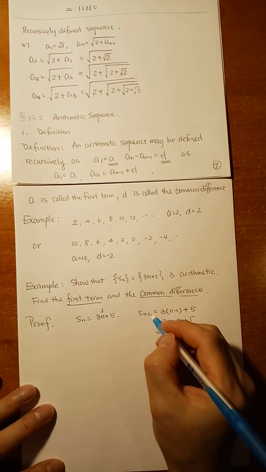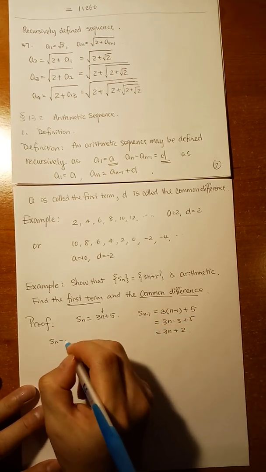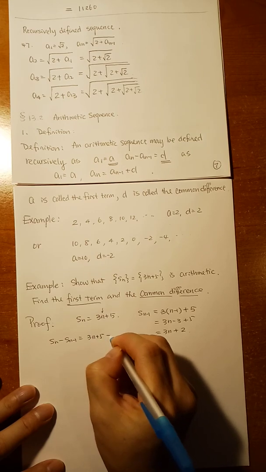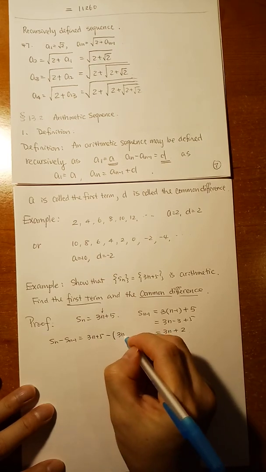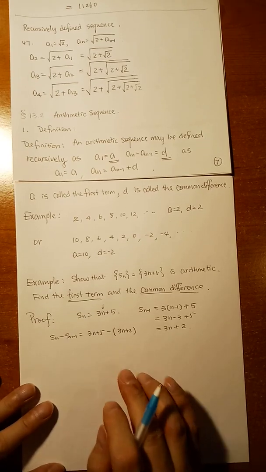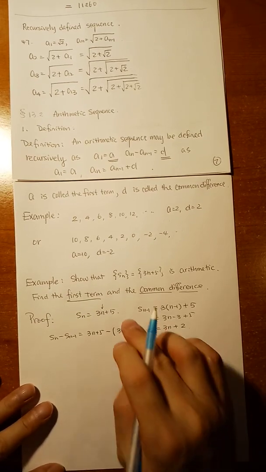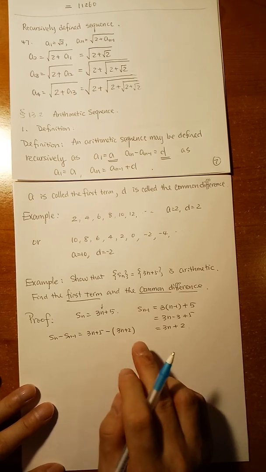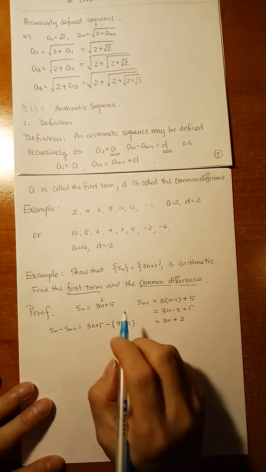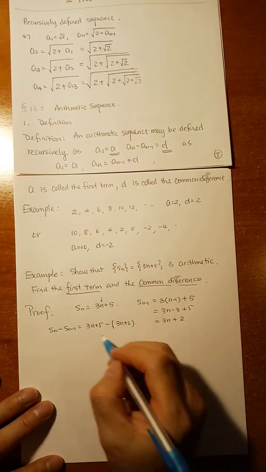Sn and its preceding term, you do the difference. So 3n plus 5 minus (3n plus 2). Don't forget parentheses. I did observe some mistakes like this. If you miss the parentheses, your computation is wrong.